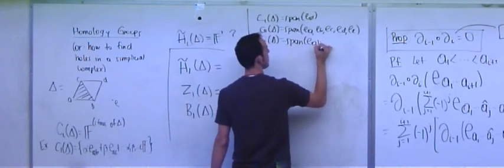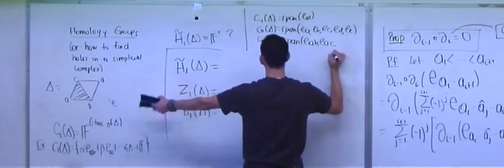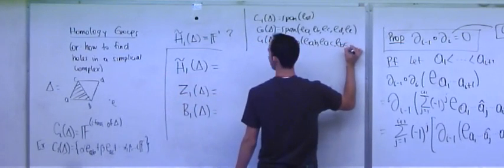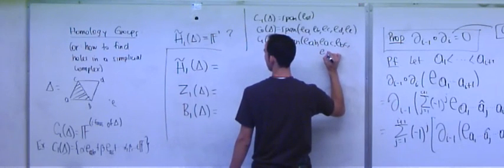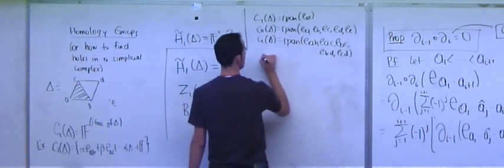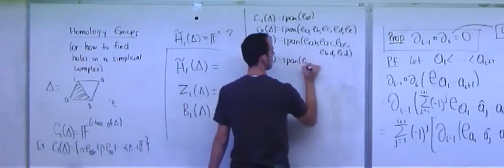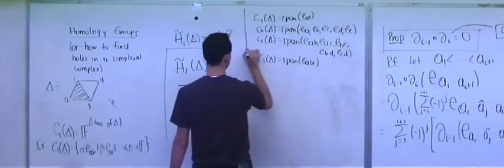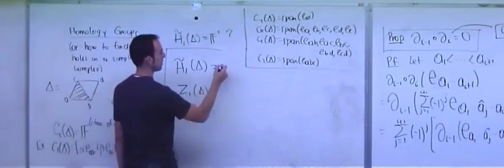So EAB, EAC, I have to be careful because I should only have things in my picture, right? EBC, EBD, ECD, and then C2 of delta is the span of EABC. So just to know where our things live.